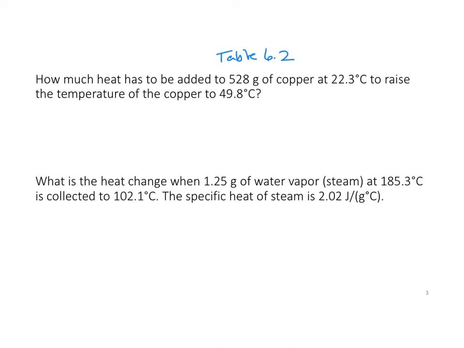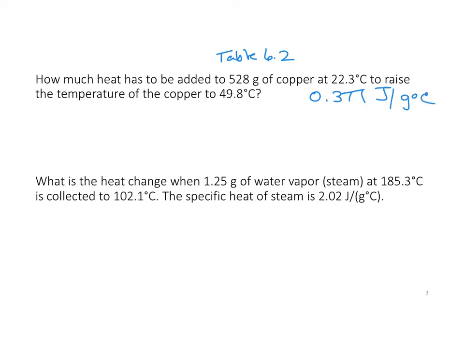You do not have to memorize these. I will give you what you need. We're going to look for copper. And do we see copper? Yes, we see copper. Copper is 0.377 joules per gram degrees Celsius.